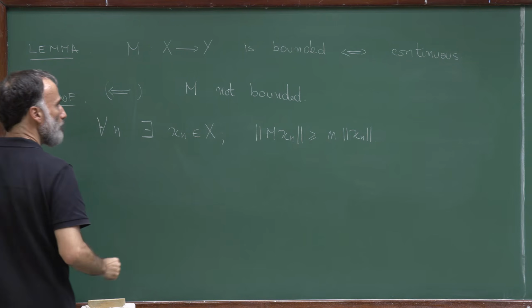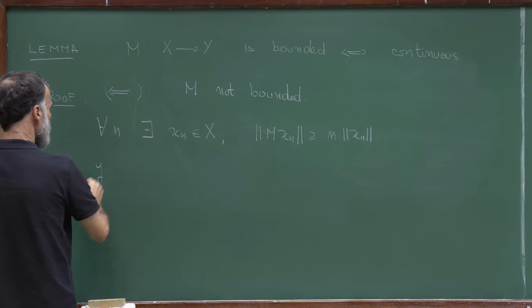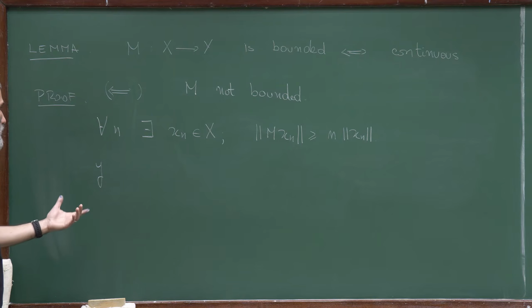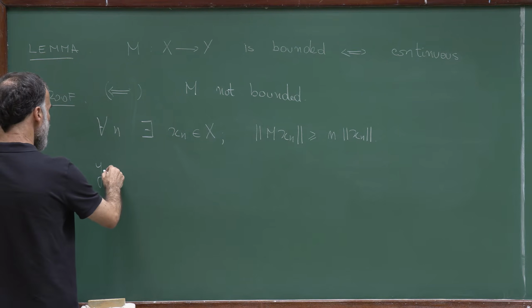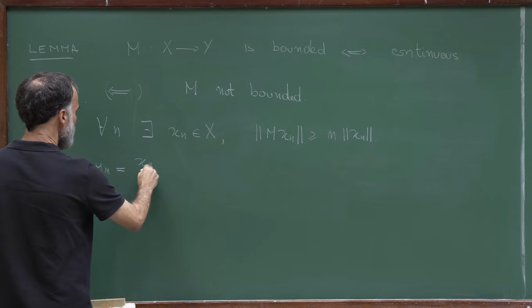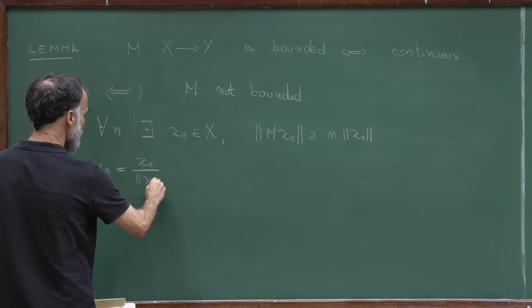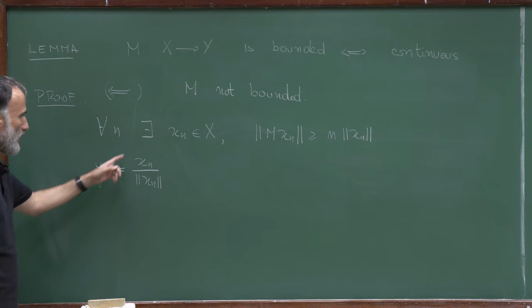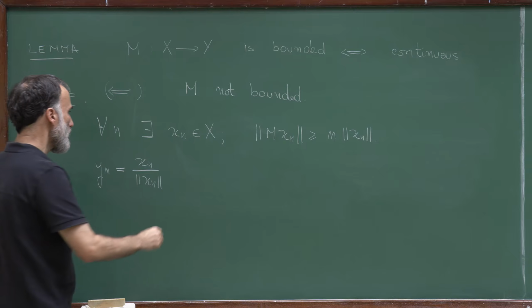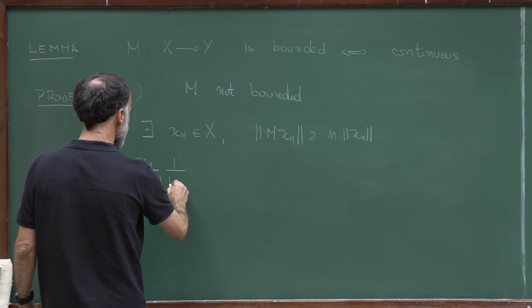So now I want to define from that sequence xn a sequence yn which converges to 0. So yn will be xn divided by the norm of xn. With that, I get an element which has norm equal to 1. Let me divide that by square root of n.